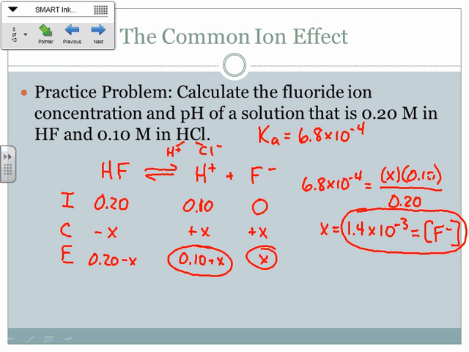So the assumption that you can make here is that really the bulk of the H plus, the large majority of the H plus here is coming from the strong acid, not from the weak one, okay? And so because we have 0.10 molar strong acid, we can just use that concentration to figure out our pH of the solution. So we've got 0.10 molar H plus. So we take the negative log of 0.1, that gives us a pH of 1. Okay, and that's that.